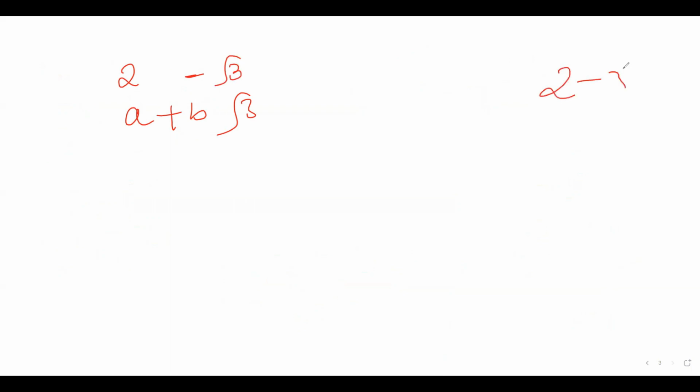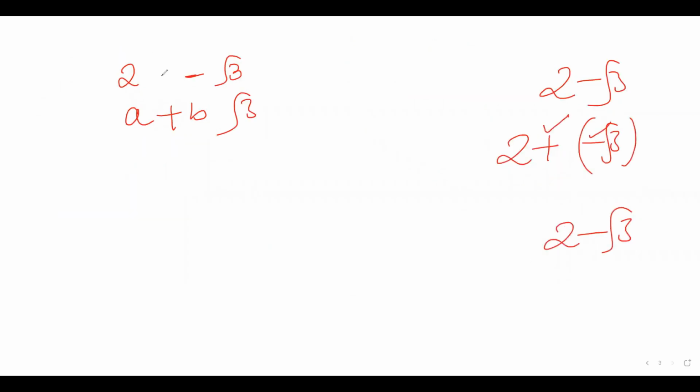See here, 2 minus root 3 is nothing but 2 plus minus root 3. Will you agree with me? Why? Because plus into minus is minus. So I actually got 2 minus root 3, but I will write it as 2 plus minus root 3.